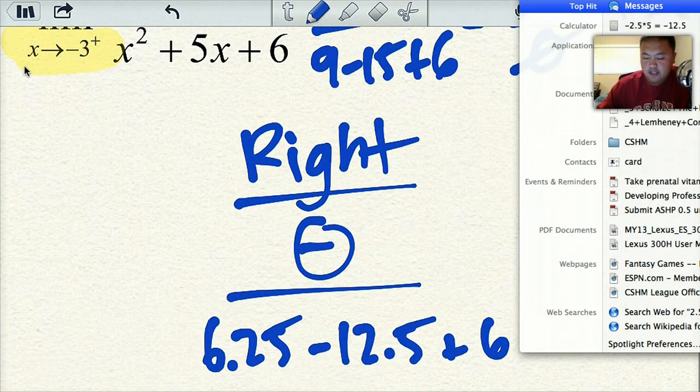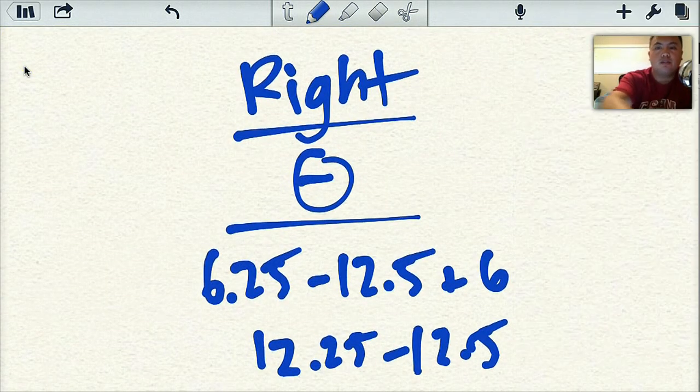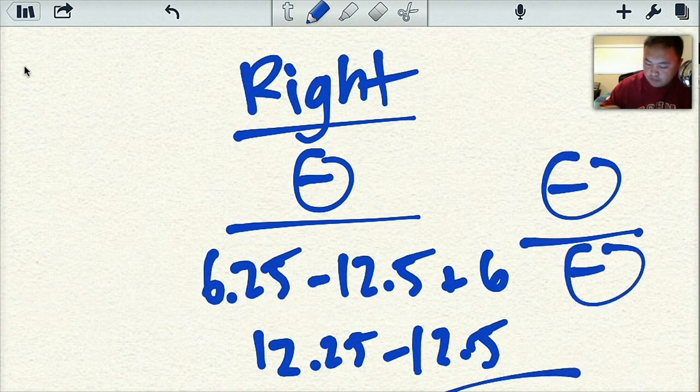In this particular case, I don't need to do the math, but I know I'm going to get a negative sign in the denominator because I have 6.25 minus 12.5. That gives me negative. Numerator is negative. Denominator is negative, which means my answer is positive infinity.